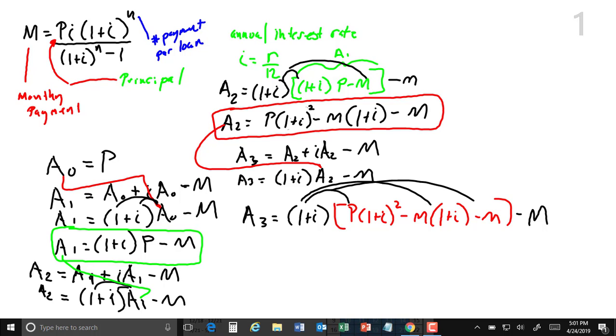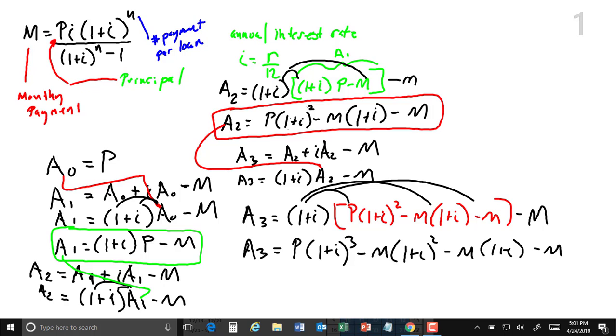You begin to see a pattern that A3 can be written as P times 1 plus I raised to the 3rd power, minus M times 1 plus I raised to the 2, minus M times 1 plus I, and then we have minus M. Okay, so that looks pretty good.